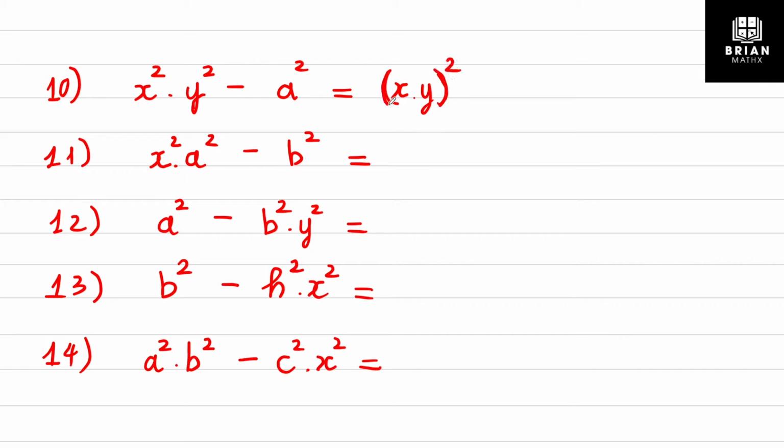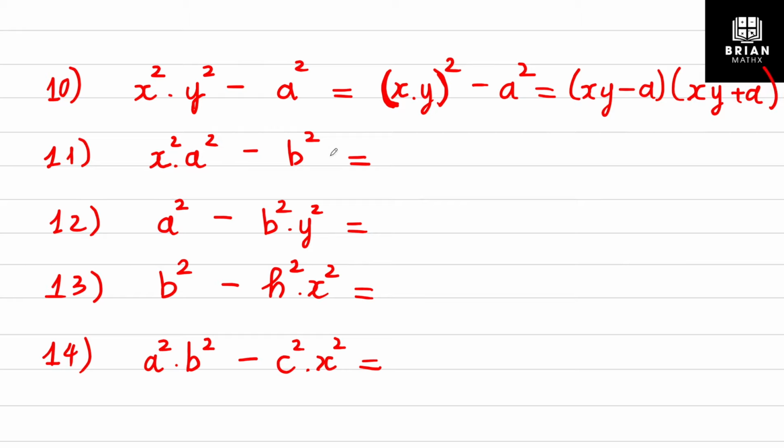This is the power rule of exponents. Both x and y have a square, so I put x multiplied by y inside the bracket, and the square outside, minus a square. Now we have the difference of squares form, so I can factorize. The first bracket is xy minus a, and the second one is xy plus a.